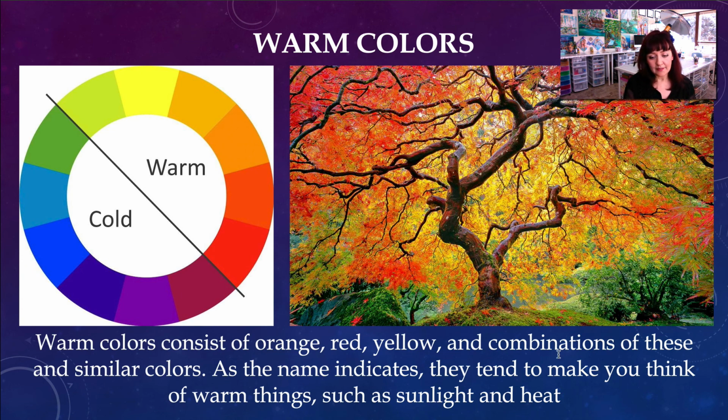As the name indicates, they tend to make you think of warm things such as sunlight and heat. So if you want to create a warm feeling in your artwork, you are looking for warm colors.